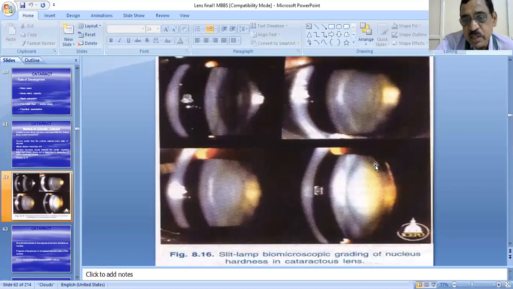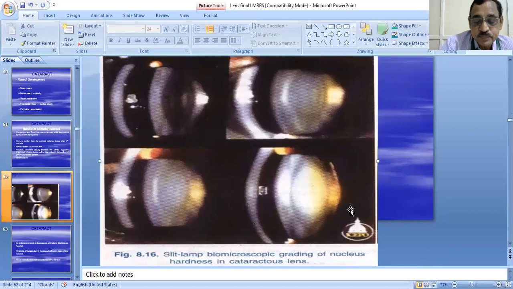This is a diagrammatic representation of slit lamp biomicroscopy grading the nucleus into 4 grades: grade 1, 2, 3, and 4.